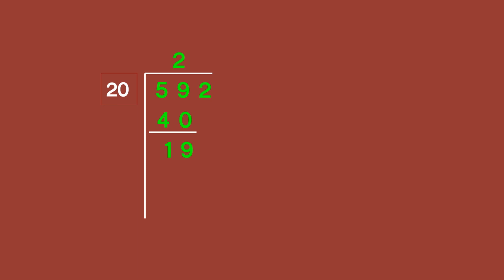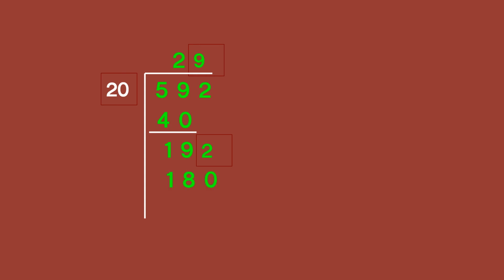So then we have to consider our next digit, that is 2, and you have to take the next digit near the remaining amount. The remaining amount is 19. When you get 2 near that, it becomes 192. So in 192, how many 20s are there? We have got 9 twenties there.